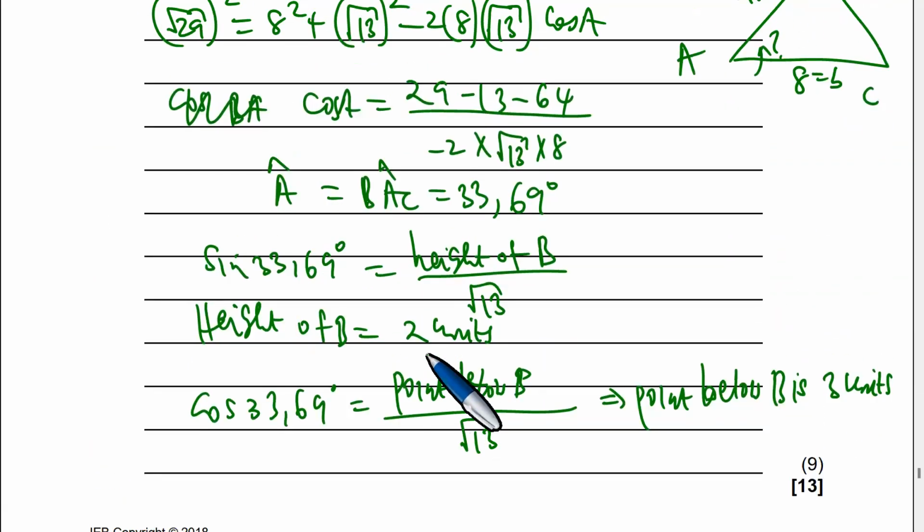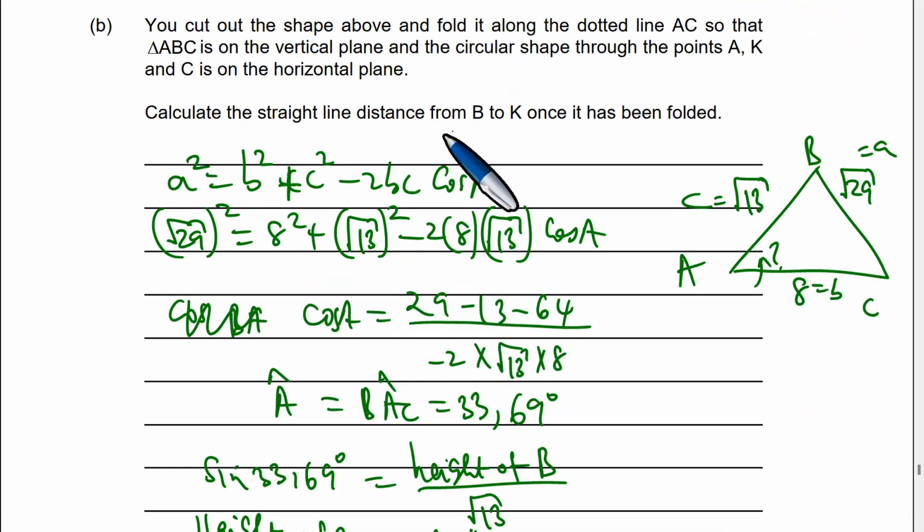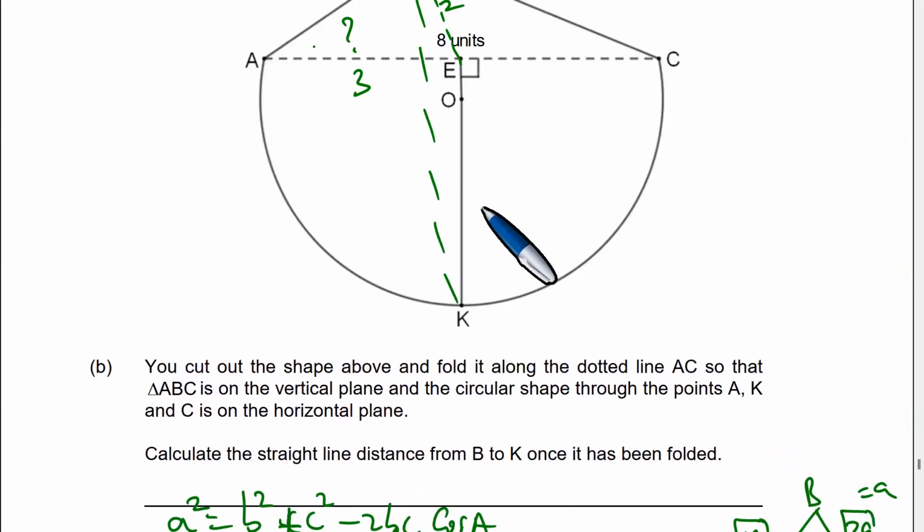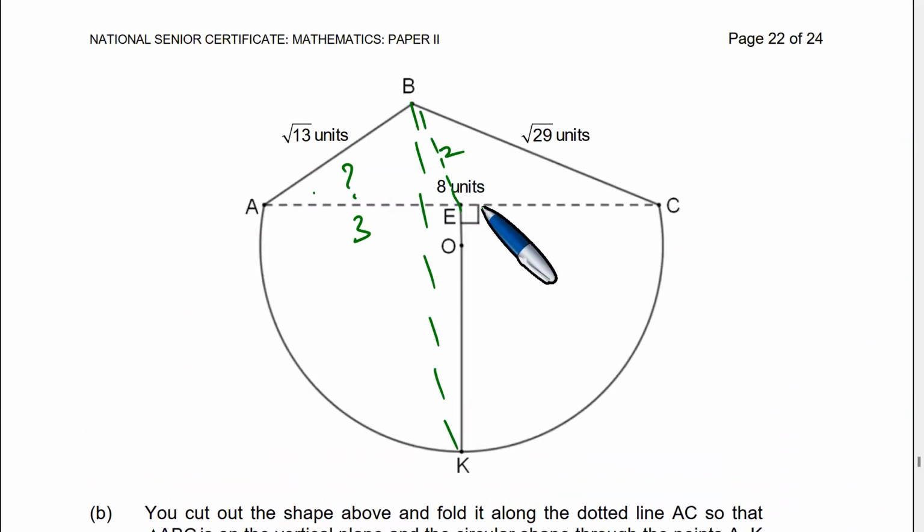Obviously, what the examiner wants here is the straight line distance from B to K. So we can get now the distance from K to the new point.